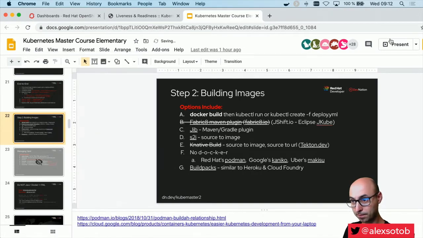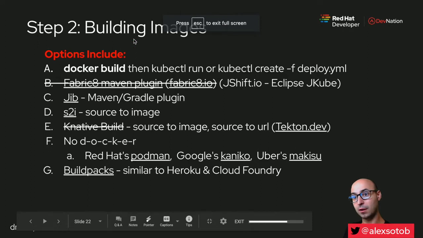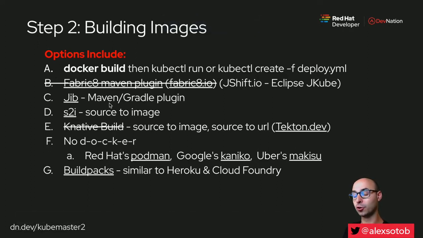Let me skip it. But basically, you can create a Docker image with docker build, but also you can use a Dockerless approach. So it's an approach where you create Docker images without using Docker. For example, if you are in Java, there is the Jib plugin that works pretty well. There is S2I.